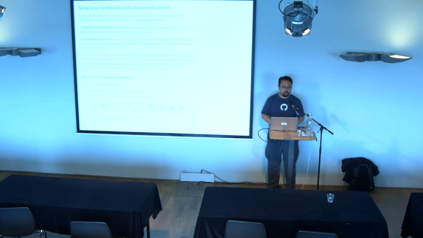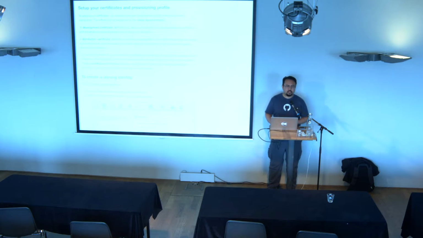There are two types of certificates, the development certificate and the distribution certificate. The development certificate, as it says, is just for, for example, your team or your personal device that you can register in your program.